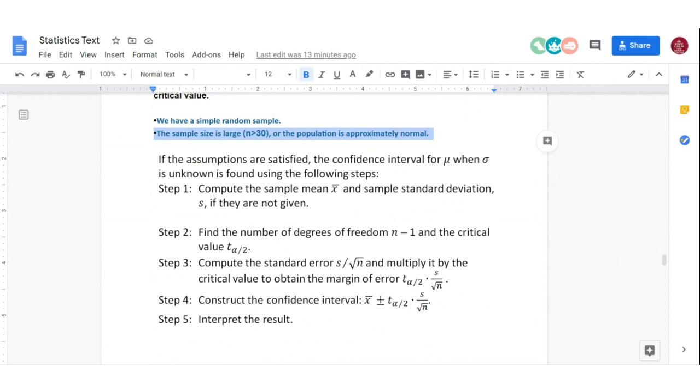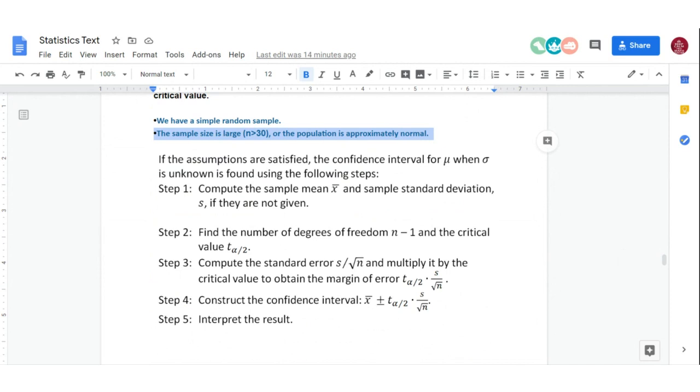If you don't know sigma, the population standard deviation, you've got to go to the t-table with degrees of freedom, which is n minus 1. Then you calculate the standard error the same way, except you're using the sample standard deviation because you don't have the population standard deviation.